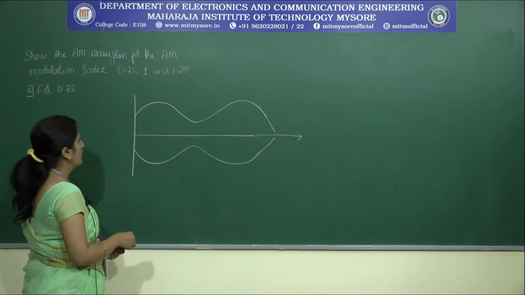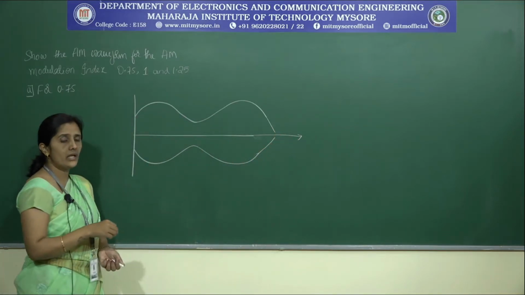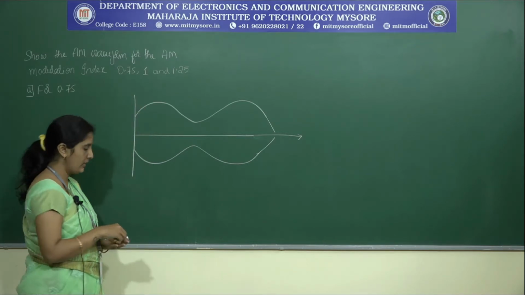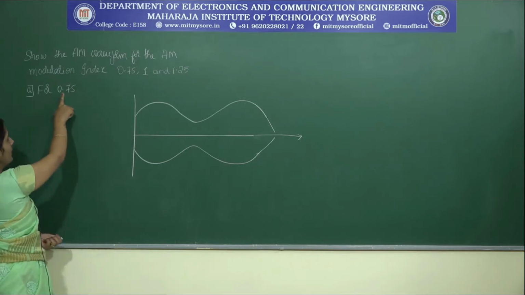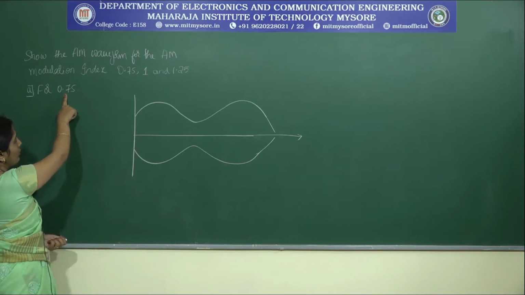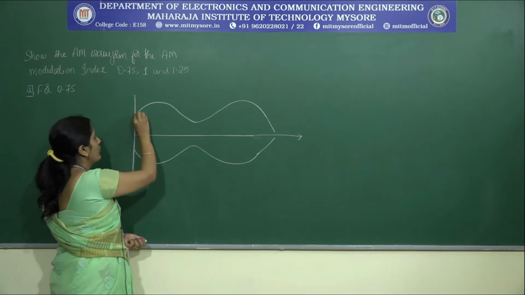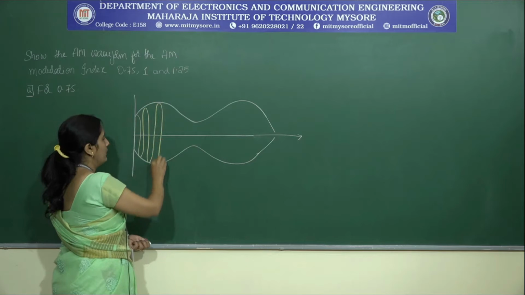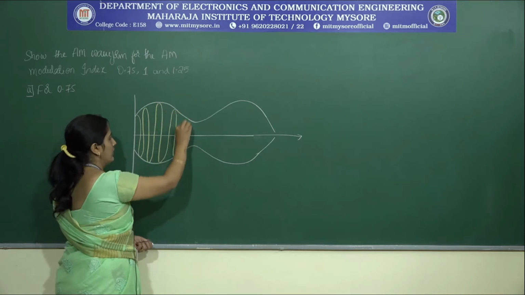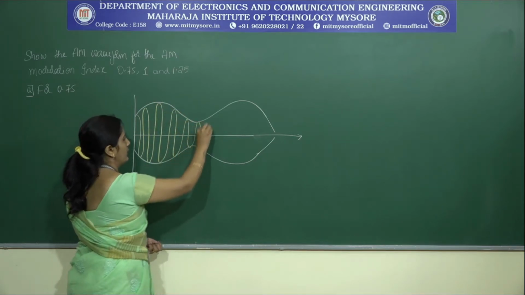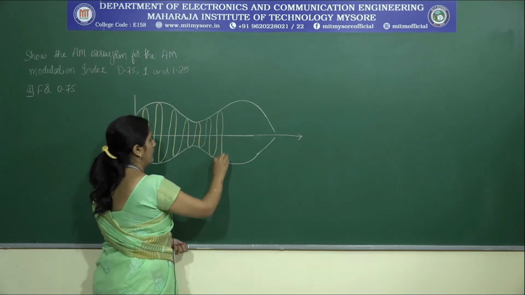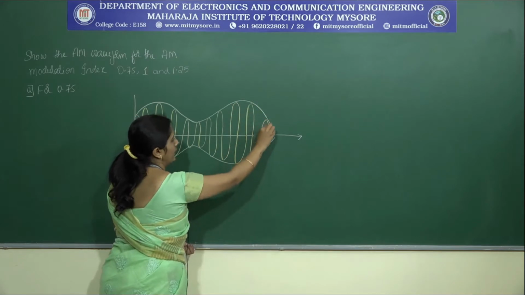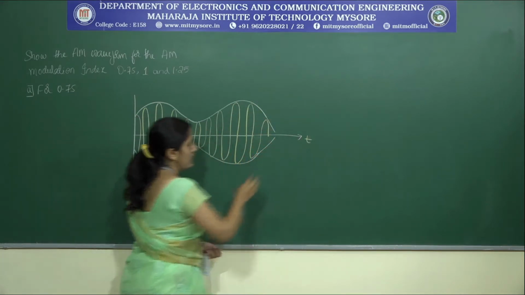Here is how to represent the carrier, and this is your message signal. Here you are going to get the carrier. For the modulation index 0.75, you are going to get the waveform like this. Let us consider this as T.